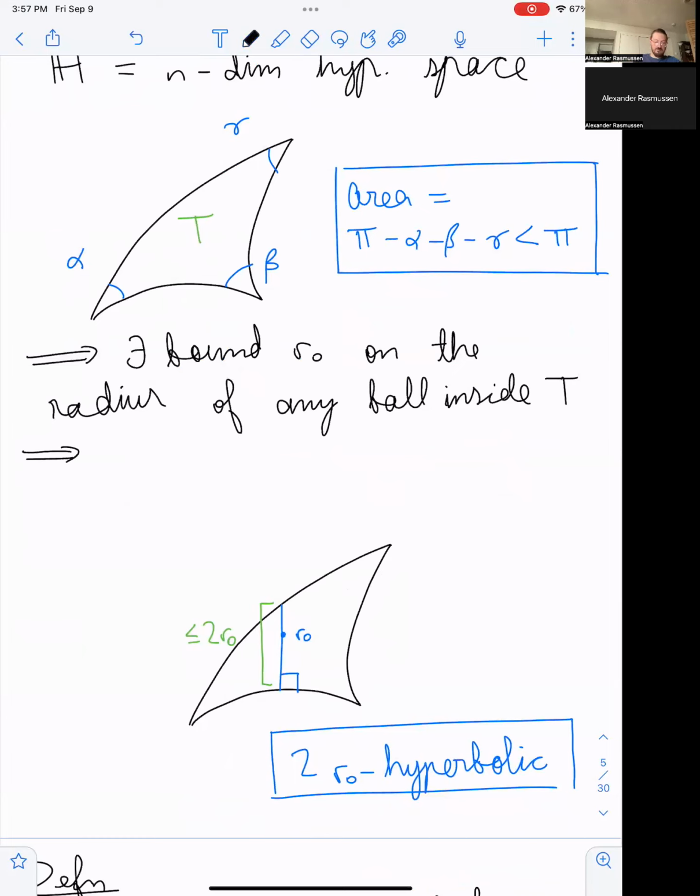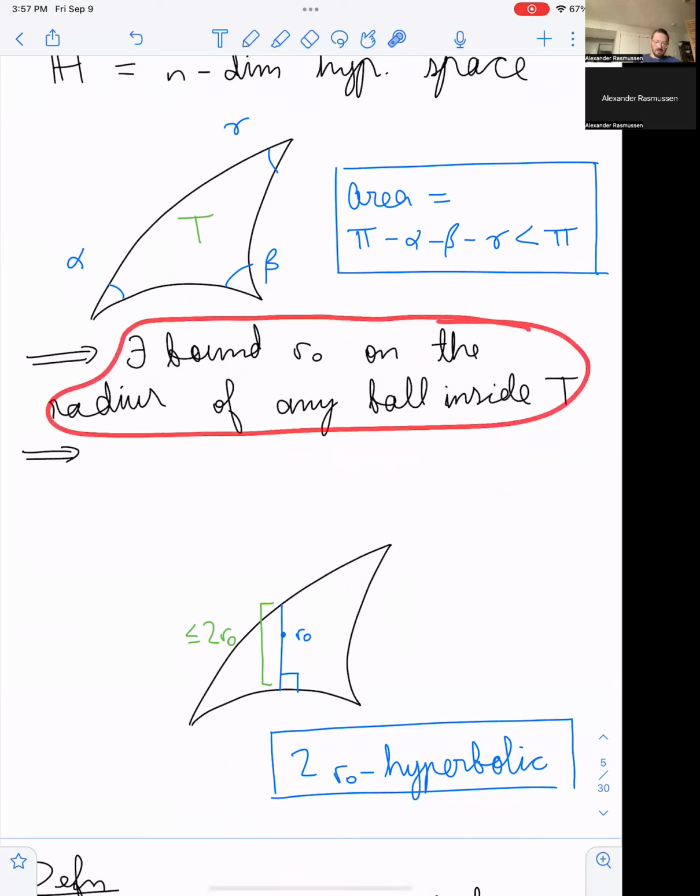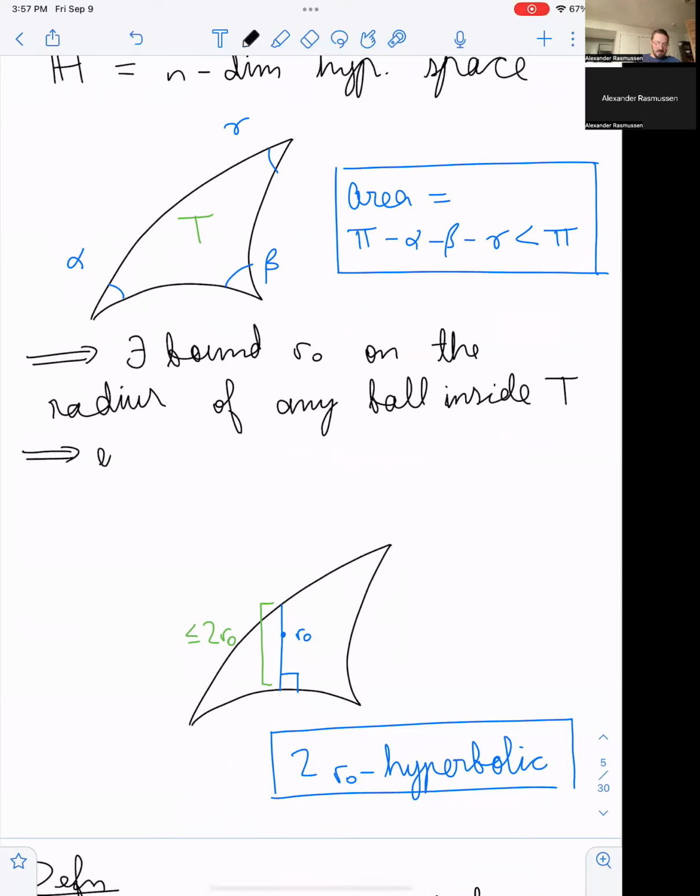So what else do we learn from this? Well, just rephrasing this condition in a different way, this tells us every point of T is distance at most R naught from some side.